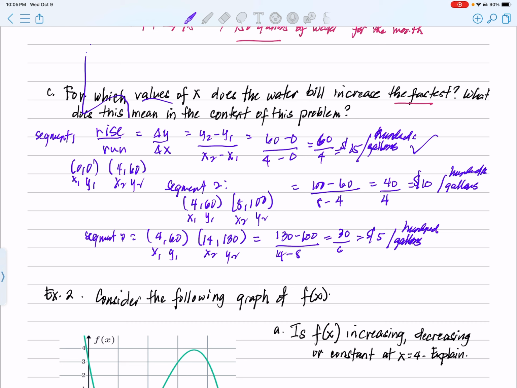So then the water bill increases fastest when the value of x is between 0 and 4.